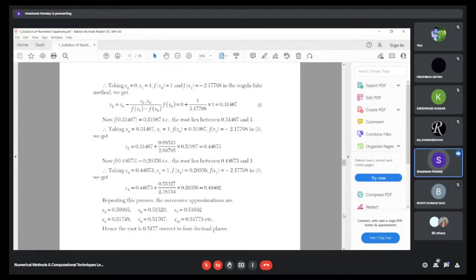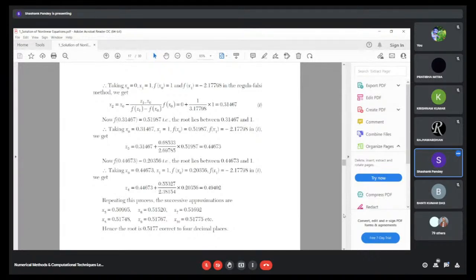Once you get the values of the function at x0 and x1, we calculate the value of f of x2, which comes out to be 0.31467. So now we calculate the value at x2, which is again a positive value.